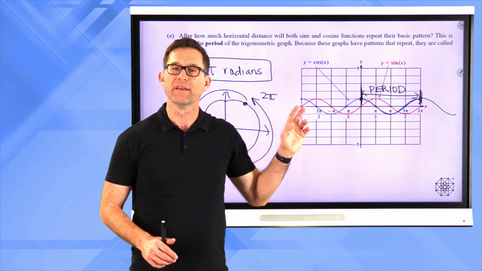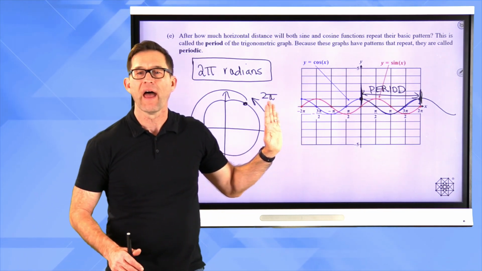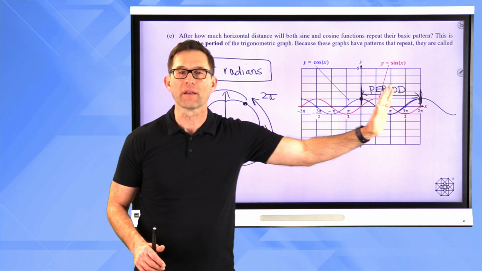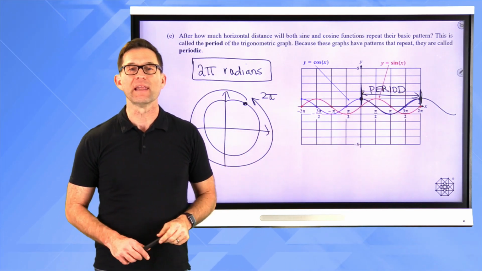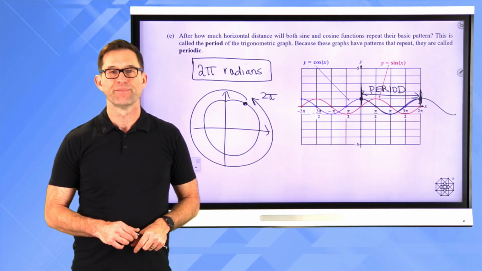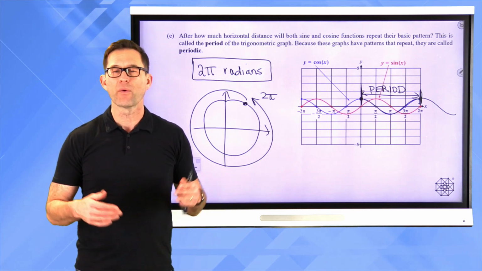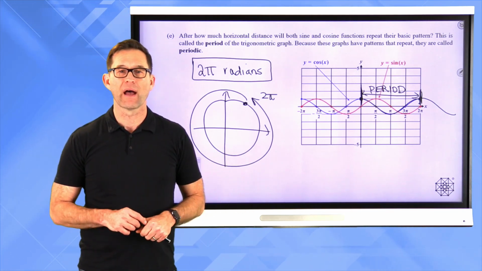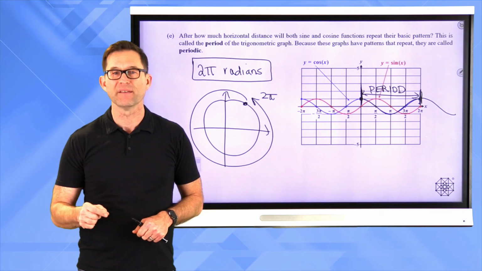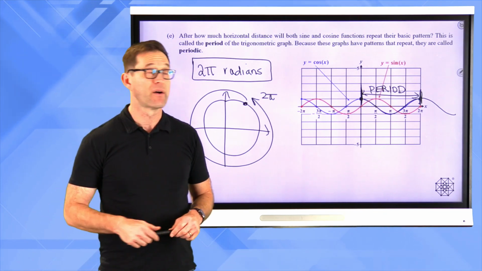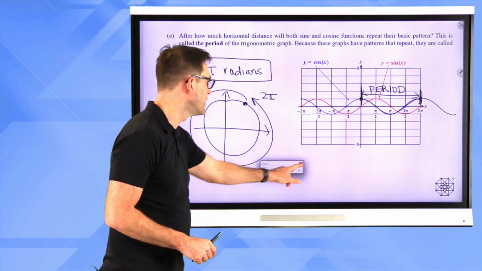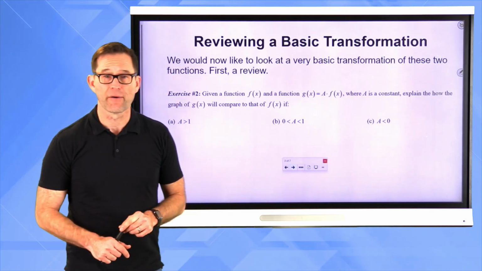Another way to look at it is, if I took either one of these curves, how far would I have to horizontally shift it before it laid on top of itself again? Every 2 pi radians, either one of these graphs is going to repeat its basic shape. Very important, known as the period of a trigonometric graph.